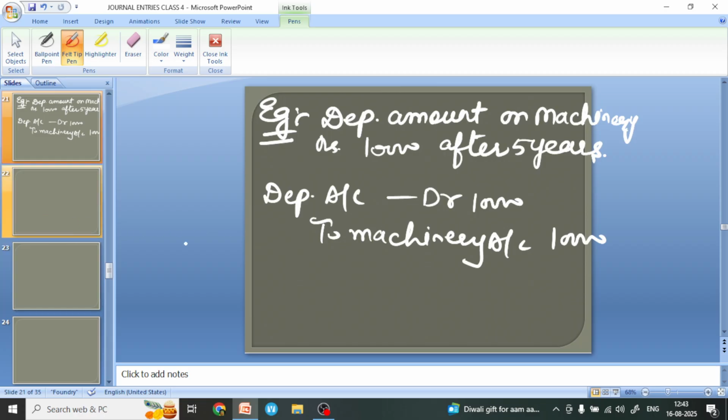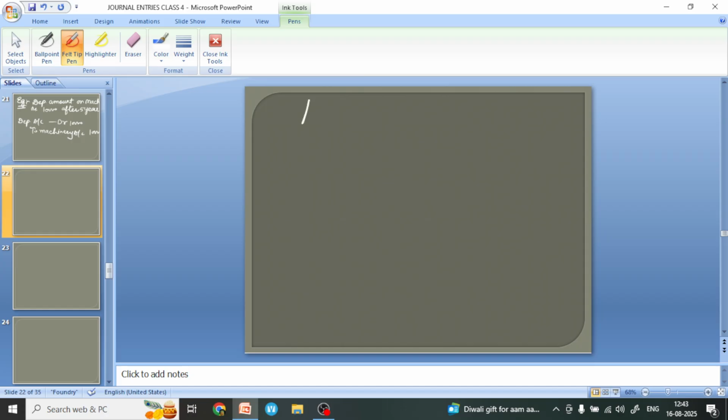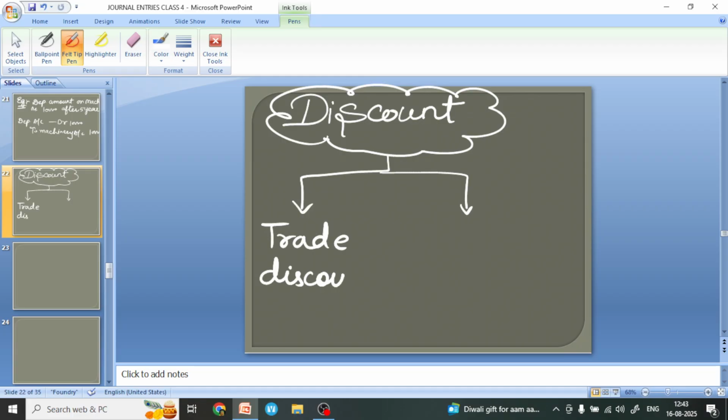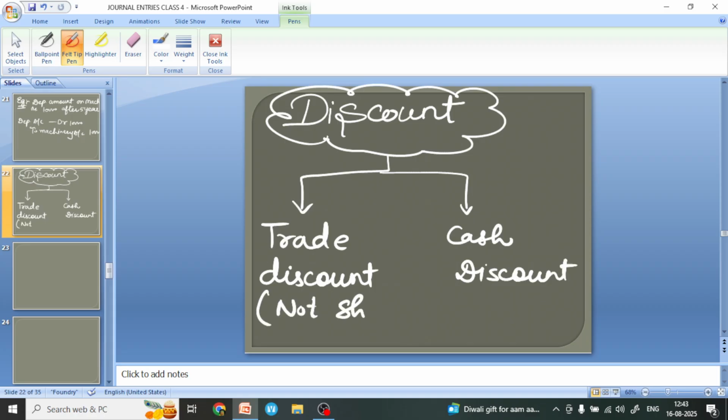Now next, entry related to discount. You should keep this point in mind properly because students get confused too much. Discounts are of two types. First is trade discount. Second is cash discount. Trade discount is not shown in books.